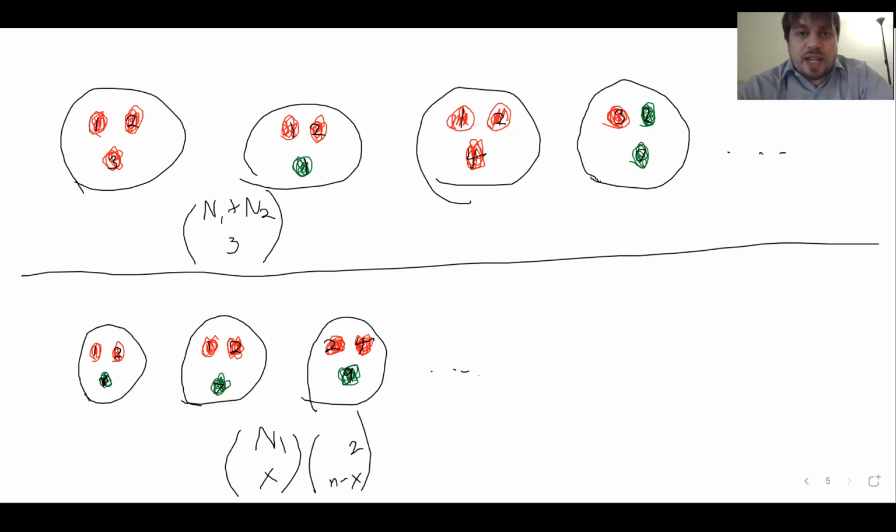And so this product, N1 choose X times N2 choose N minus X, is counting all the ways in which you choose 2 that are defective and 1 that isn't.